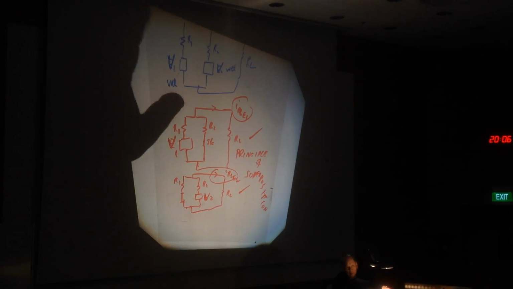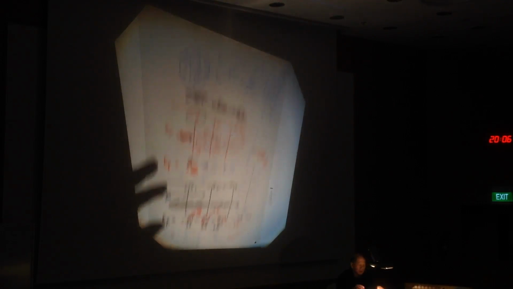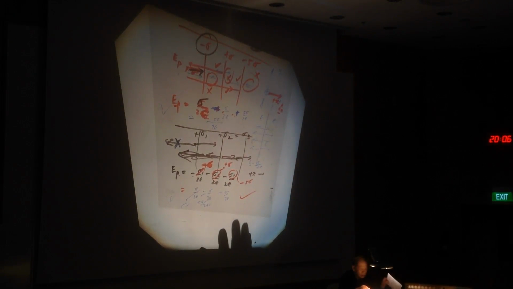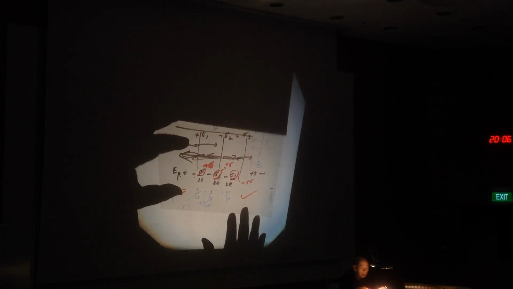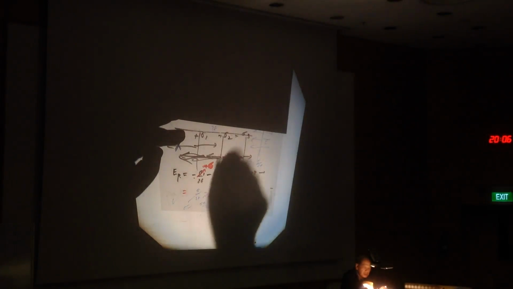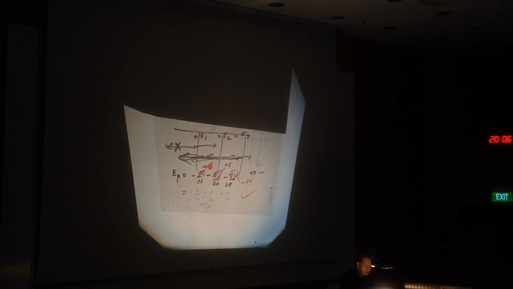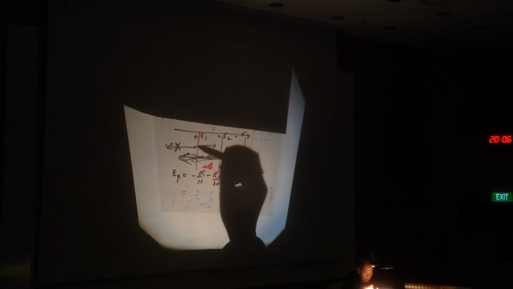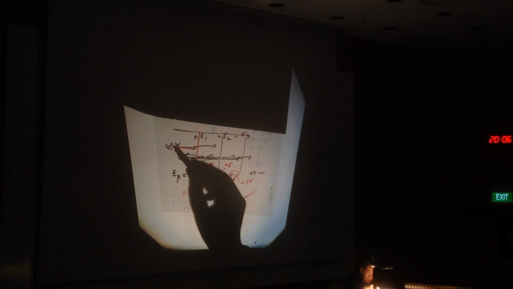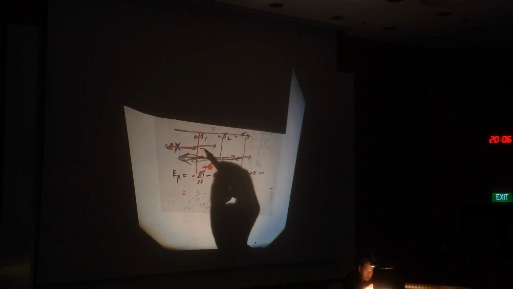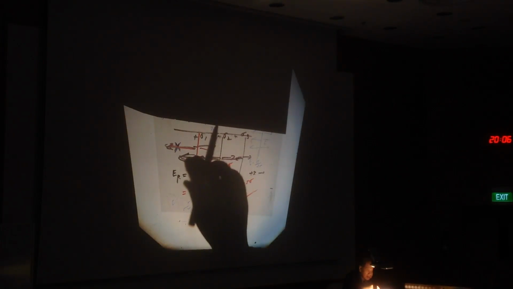Okay? So in our problem here, let me take the second problem. I have three agencies providing the fields. The field due to this one is positive, coming out. This one doesn't help, it's going to the right, it starts from here coming out.